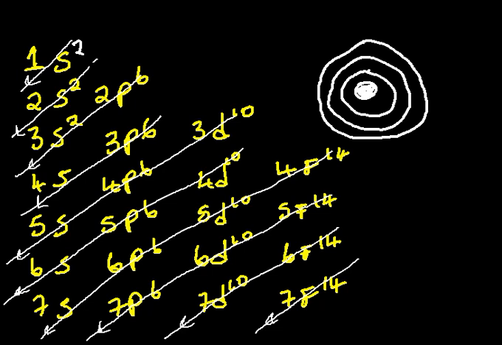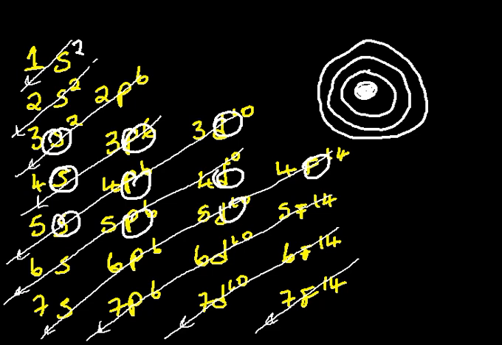In the first energy level there is a subshell known as subshell S. And in the second energy level we have two subshells: subshell S as well as subshell P. In the third energy level we have subshells S, P as well as D. In the fourth energy level we have subshells S, P, D as well as F. Likewise in energy level 5 we have subshells S, P, D, F as well.